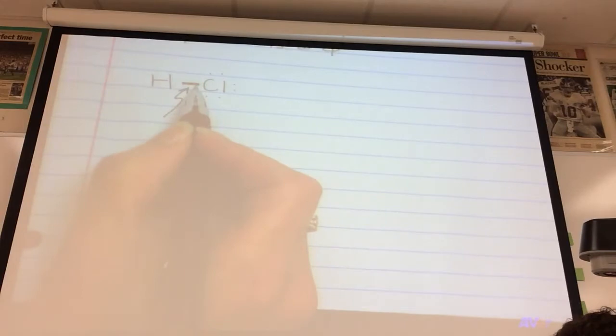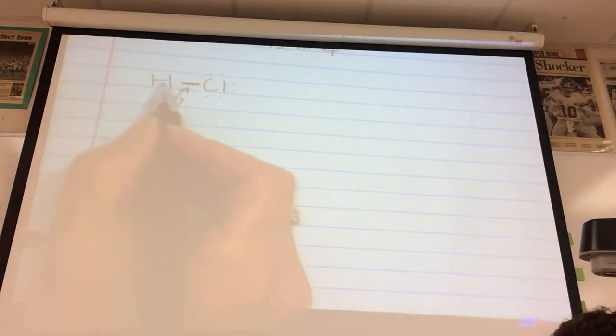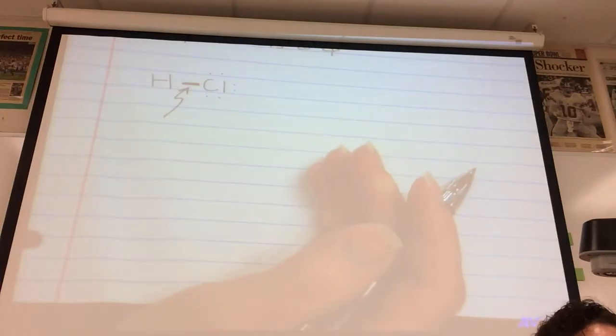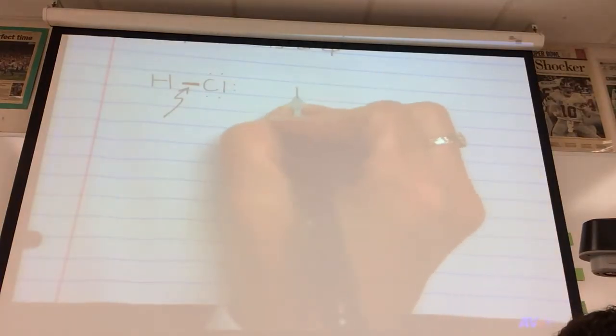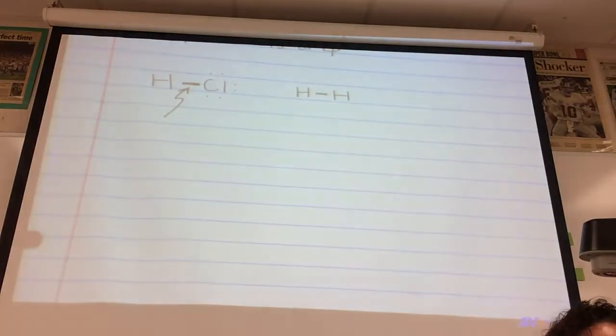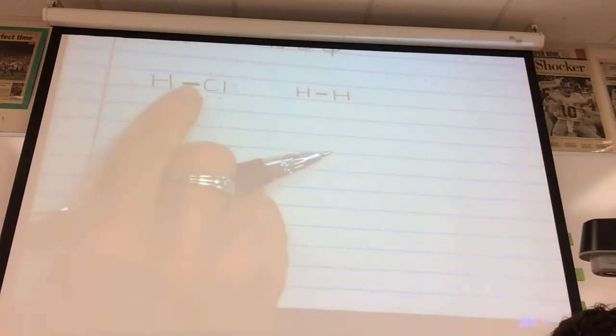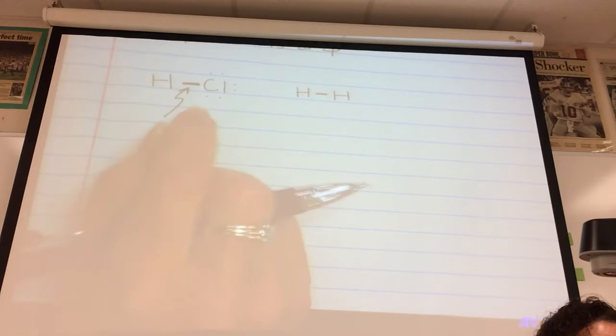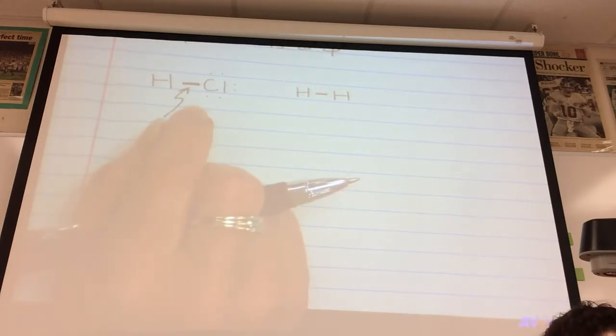In a covalent compound where you have a covalent bond, you have electrons shared between the two atoms. Sometimes they're shared equally. For example, if you had two hydrogens bonded together, the electrons in that bond would be shared equally. But sometimes the electrons in this bond are not shared equally. One atom draws the electrons more to it than the other.